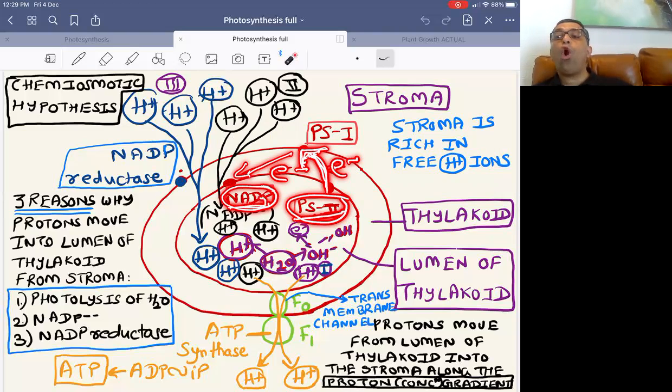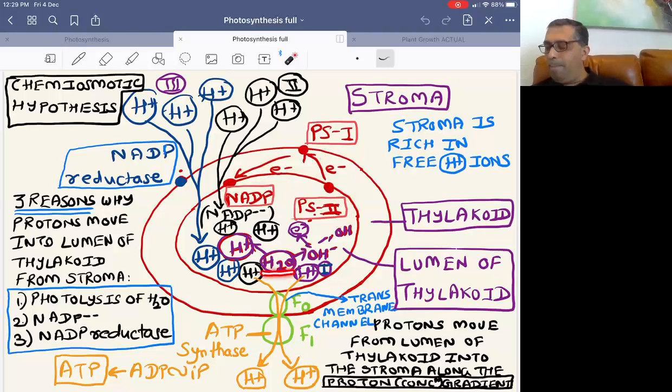There will be photolysis of water, and water molecule breaks to form H plus and OH minus. So H2O splits to form H plus and OH minus, of which OH minus forms electron and OH, and the electron goes to PS2 and brings PS2 back to a ground state.